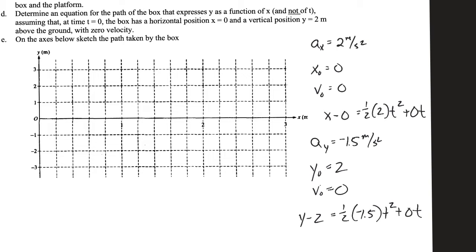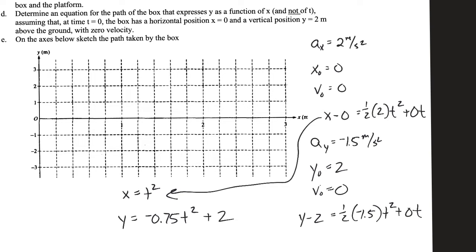Any questions yet? Now, this is what I think all of you could have put together. These are the motion variables. This is the motion stuff, which gives me x equals t squared from this, and y equals negative 0.75 t squared plus 2.